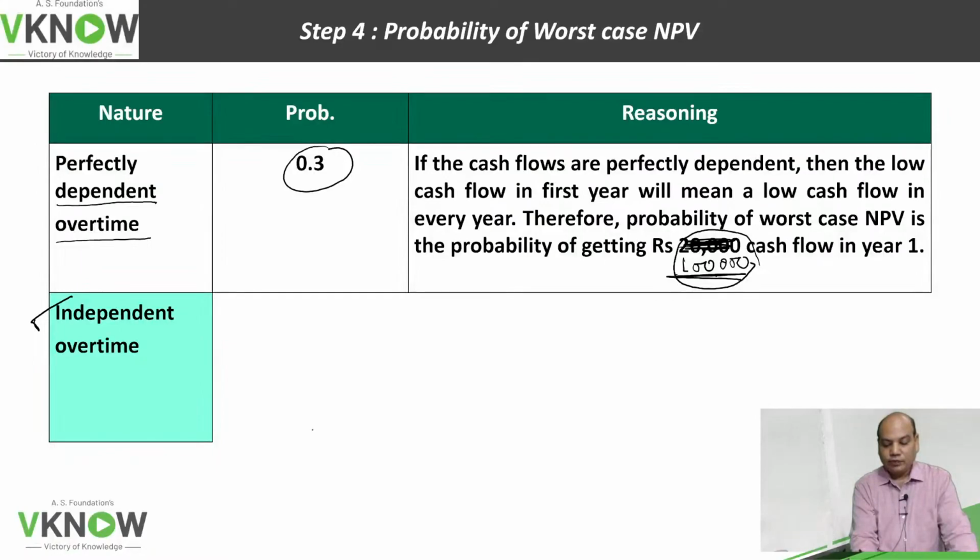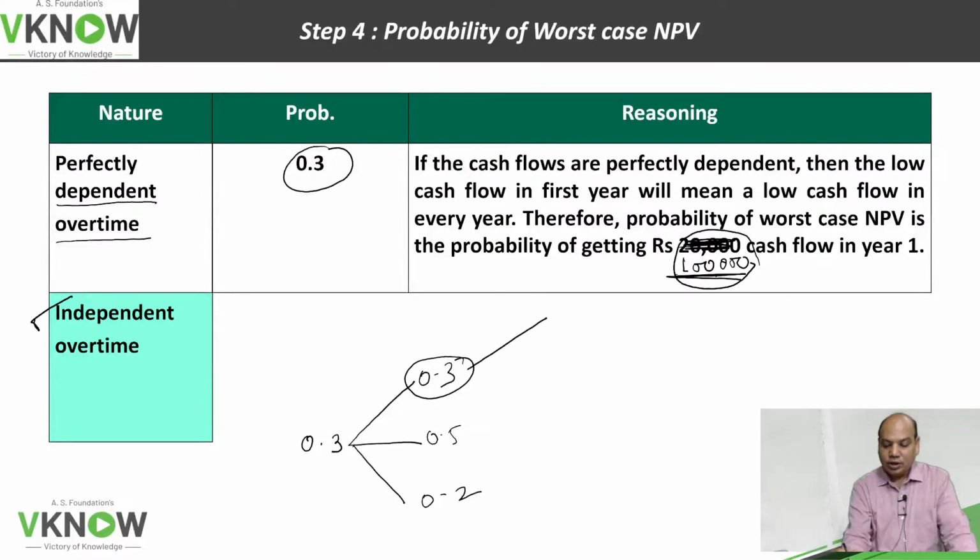For example, in the first year, if I get 0.3, then in the second year I have three possibilities: 0.3, 0.5, 0.2. If I get 0.3 in the second year, then again in the third year I have three possibilities, and the same in the fourth year.